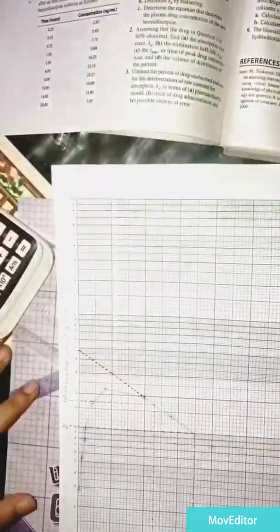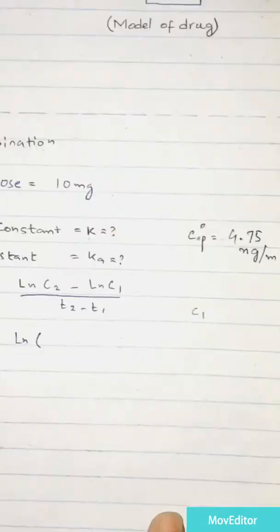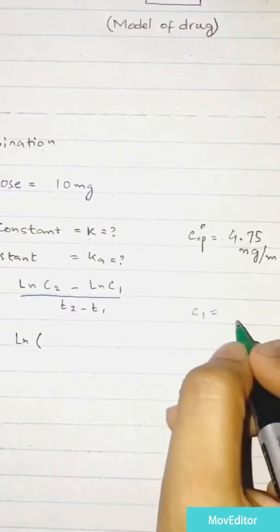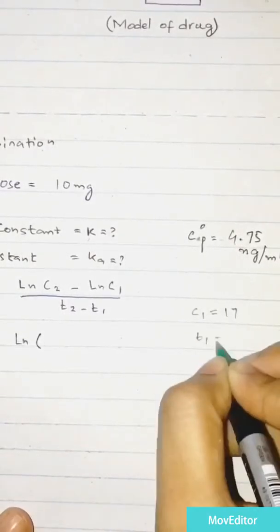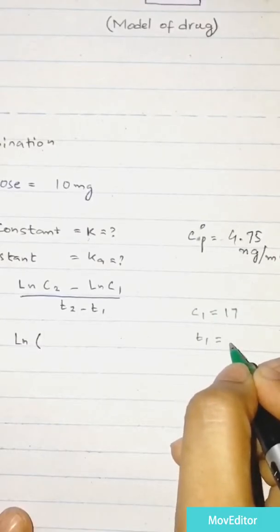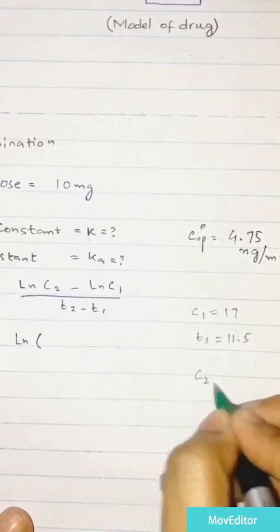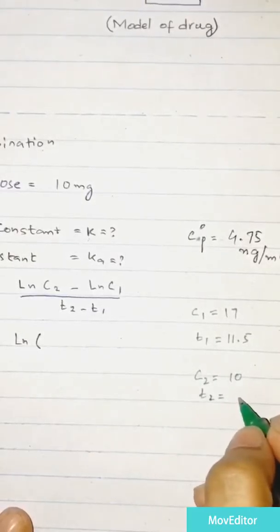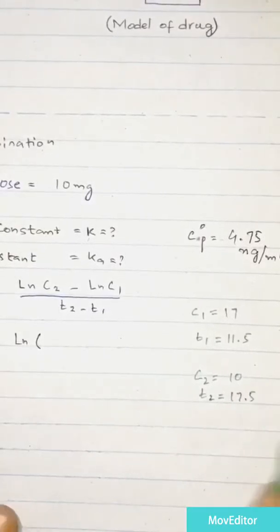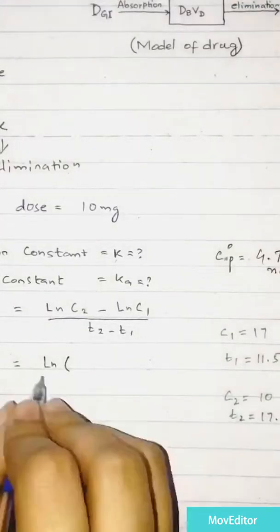This is for the elimination rate constant, not the absorptive rate constant. The data we get by extrapolation is C1 equal to 17 while T1 is equal to 11.5, C2 is equal to 10 while T2 is equal to 17.5.